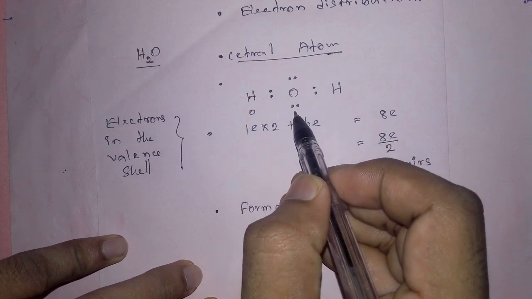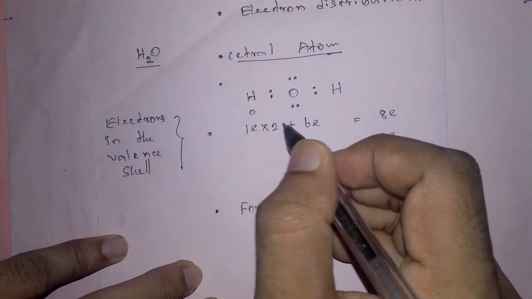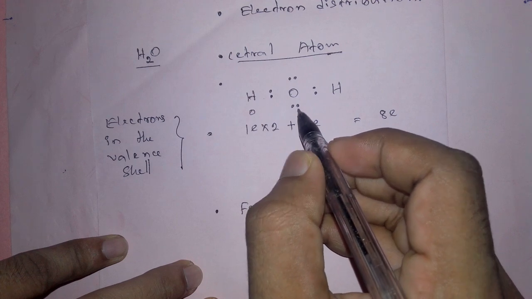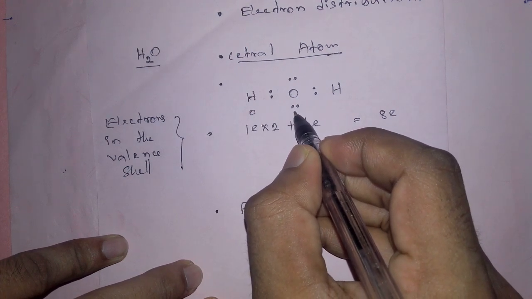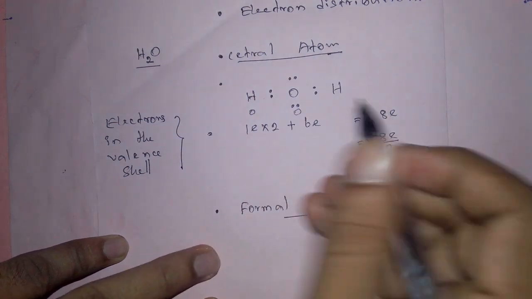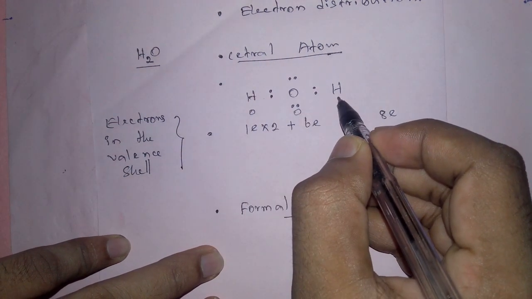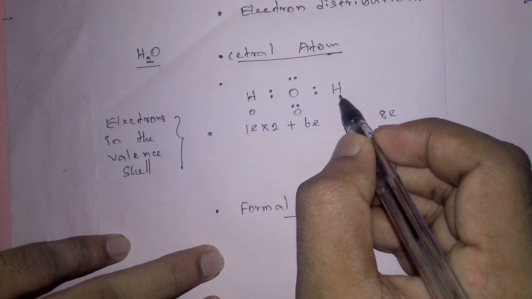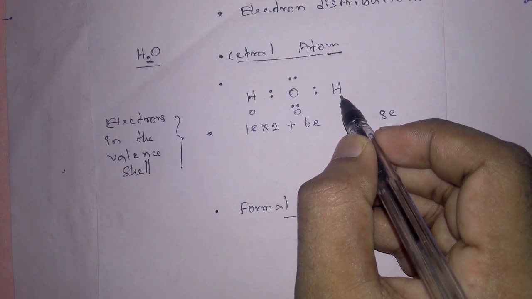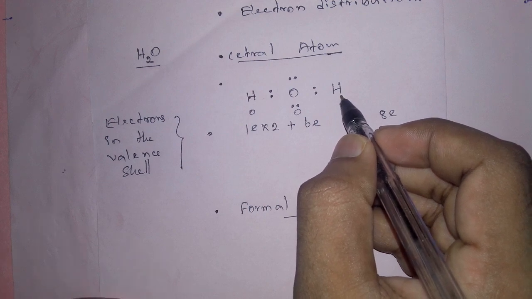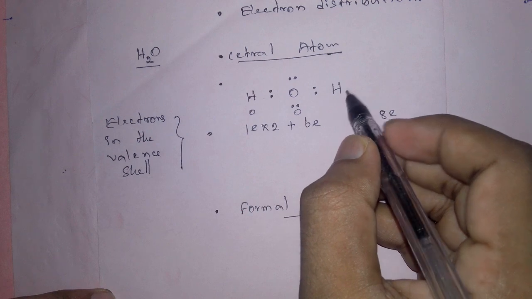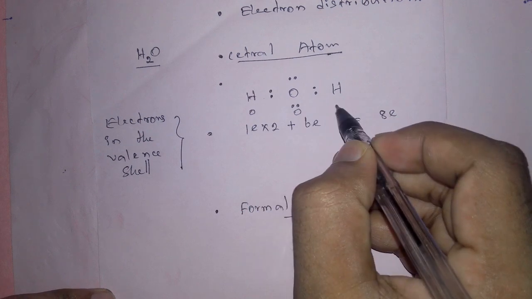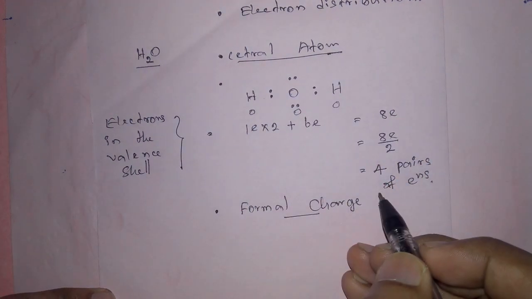Altogether there are 6 electrons after formation as well. So there is no electron change in the valence shell of oxygen, so its formal charge is 0. Hydrogen, again, has 1 electron in the valence shell before formation of bonds. After formation of bonds as well, there is 1 electron, so no electron change, so its formal charge is considered as 0.